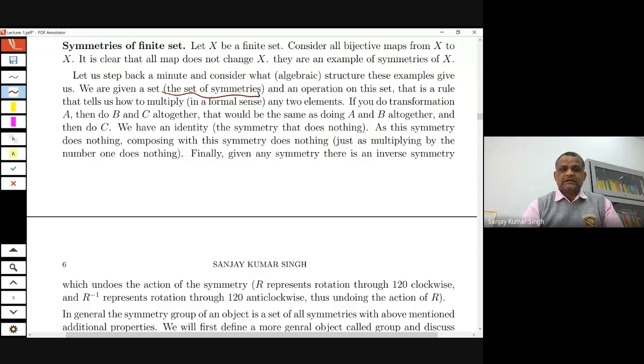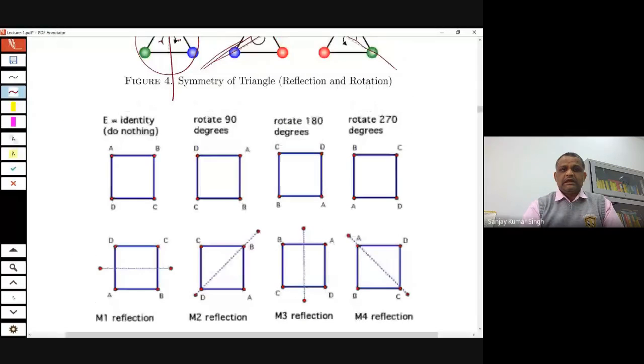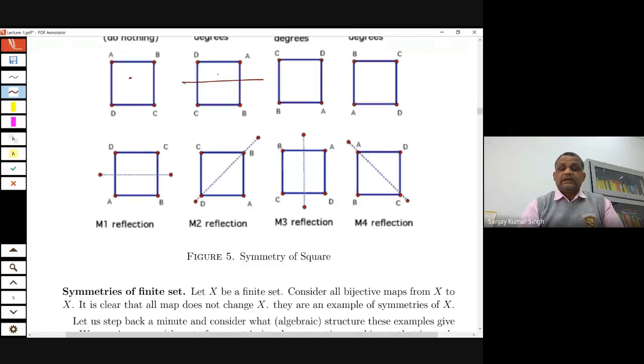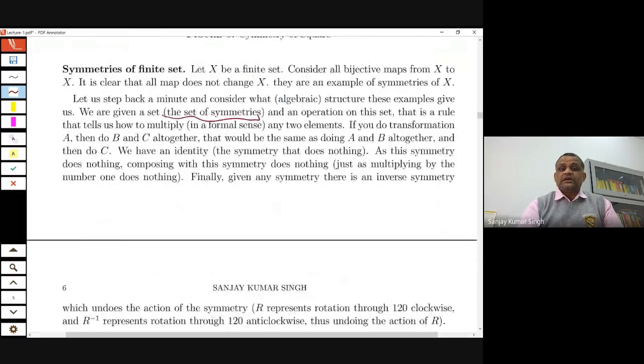See here, I can rotate this triangle 90 degrees, and after rotating, I can take a reflection. If I compose them as maps, after composition you will again get a transformation. So this set of symmetries has a rule: whenever I take two elements, I can give you another element in this set.